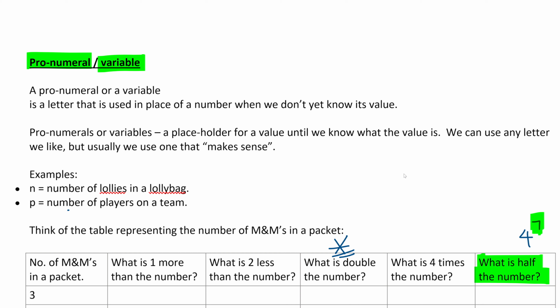There is a subtle difference, but you guys don't need to worry about it too much. When you see the word pronumeral, just think of it as a letter that represents a number.